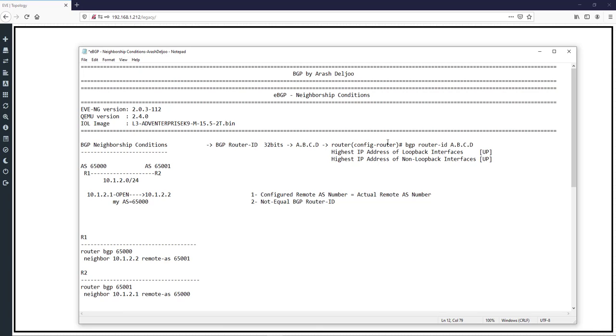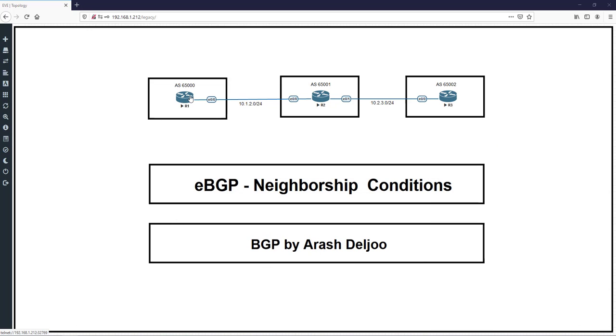The first has higher priority, and then second, and then third. Finally, we have a router ID for every router. Look at here. Now, for example, in R1, I didn't configure a router ID. And as you know, we don't have a loopback interface.